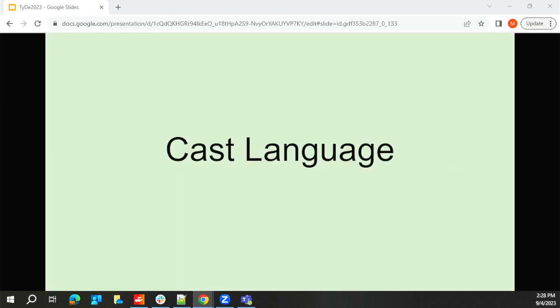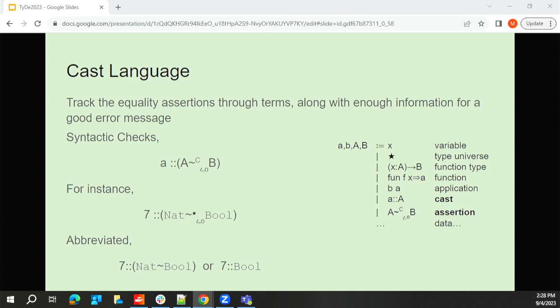The real meat of the work happens in the cast language, which is almost the same as the surface language, except that we've removed the type annotation, we've added an explicit casting operator, and we have an assertion operator. It's best to see it as an example.